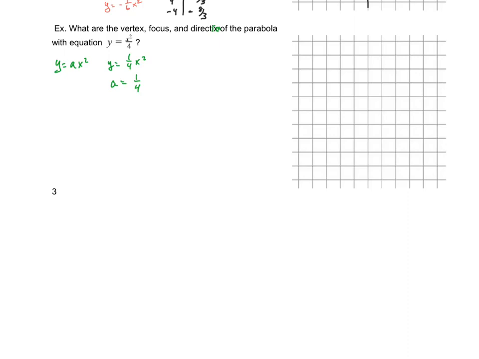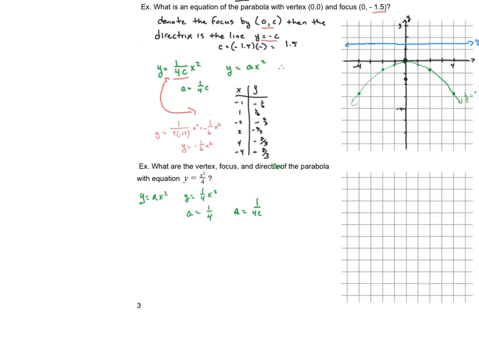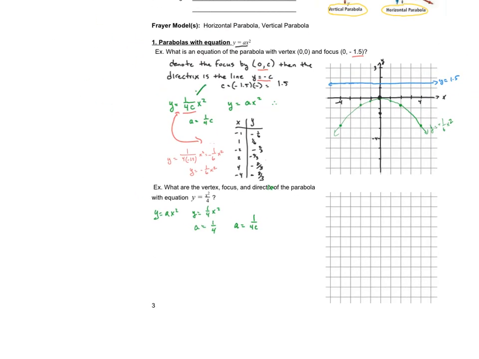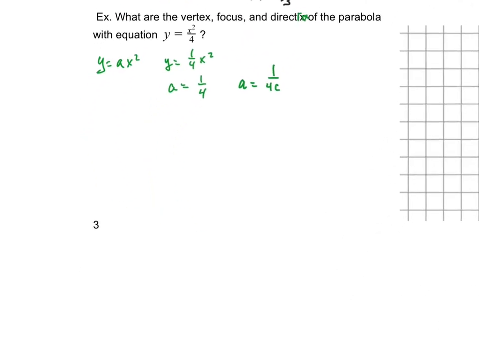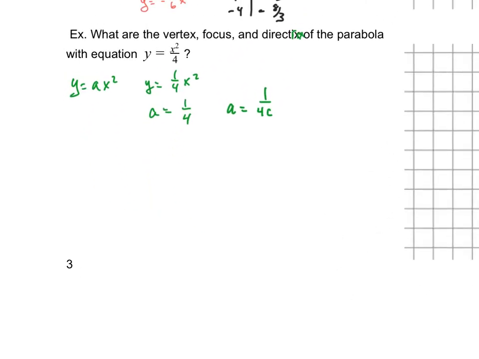Since a is 1/4, and I know that a equals 1 over 4c through substitution of our previous formula, and we also know that a equals 1/4, then if we make these two things equal to each other, we have 1/4 is equal to 1 over 4c. I could do some inverse operations here and find out that c is going to be equal to 1.